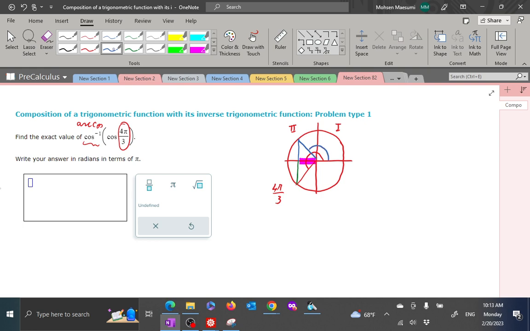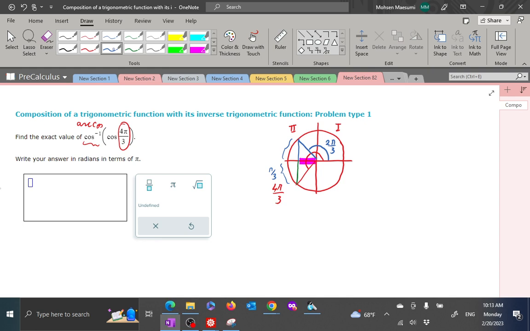This angle would be what we are looking for, because its cosine is also this pink line here, which is the same as cosine of 4 pi third. Well, what is that angle? Let's reason it out like this. If this is an extra pi third after pi, we have to subtract the same pi third from pi, and what we get for this angle will be 2 pi third.